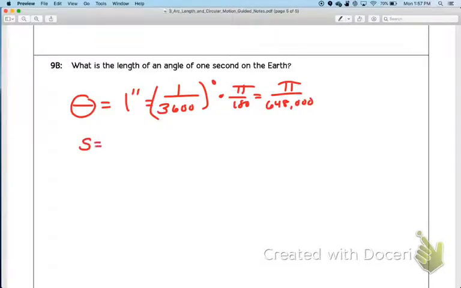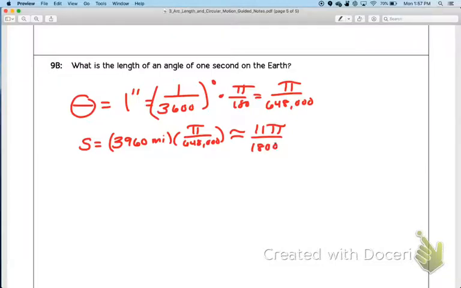So my length is equal to the radius of 3,960 miles times my central angle in radians, which gets me approximately 11 pi over 1,800 miles.